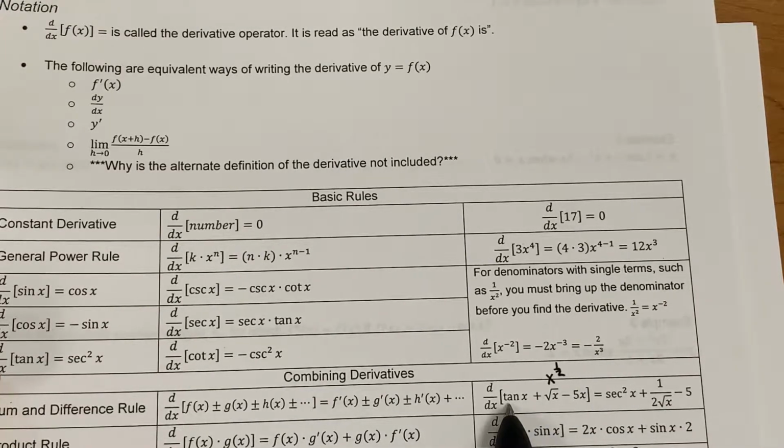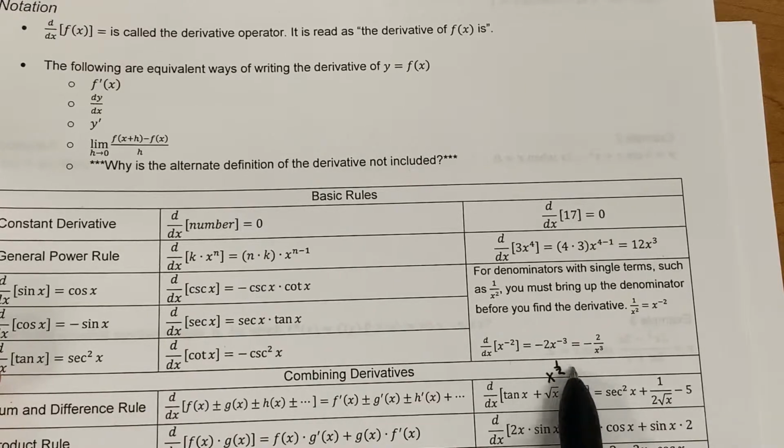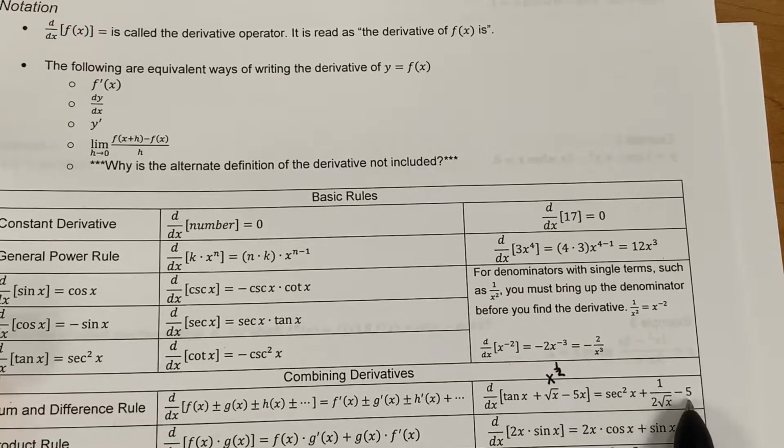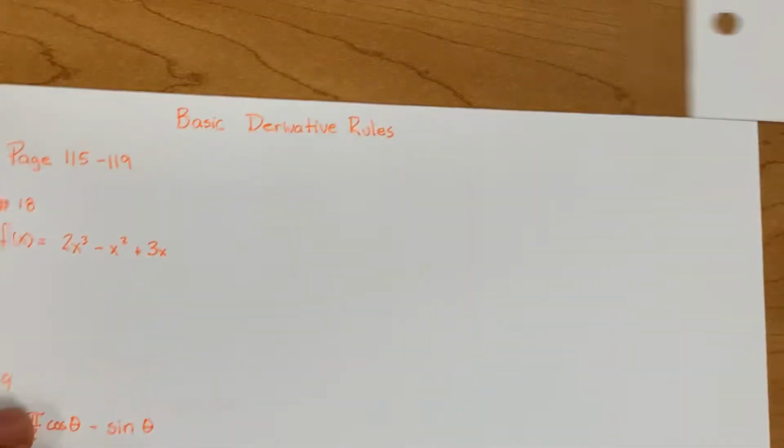And so the derivative of tangent is secant squared plus the derivative of x to the 1/2, which is 1 over 2x to the negative 1/2. And then the derivative of negative 5x is negative 5. So when we're doing our examples, we're applying all of these rules, and it's very simple to follow.